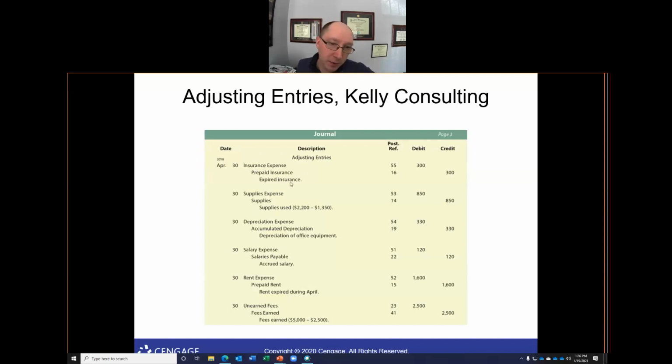Insurance expense, prepaid insurance. This means we consumed a month's worth of insurance. Supplies expense, the supplies. We used some inventory. Depreciation. We accumulated depreciation for the month of April for our fixed assets, in this case, office equipment.